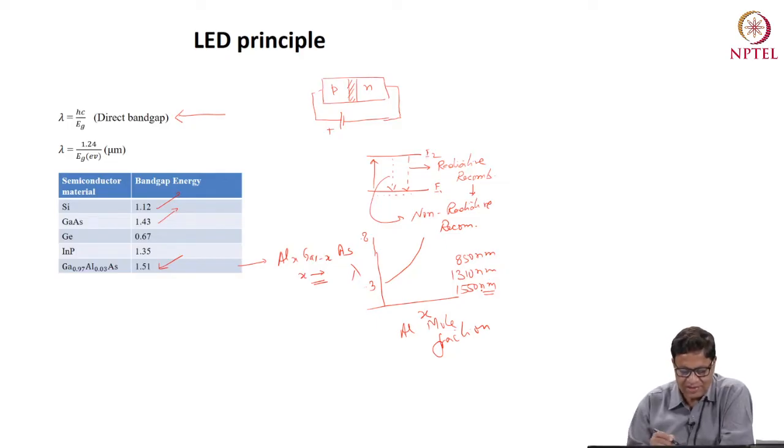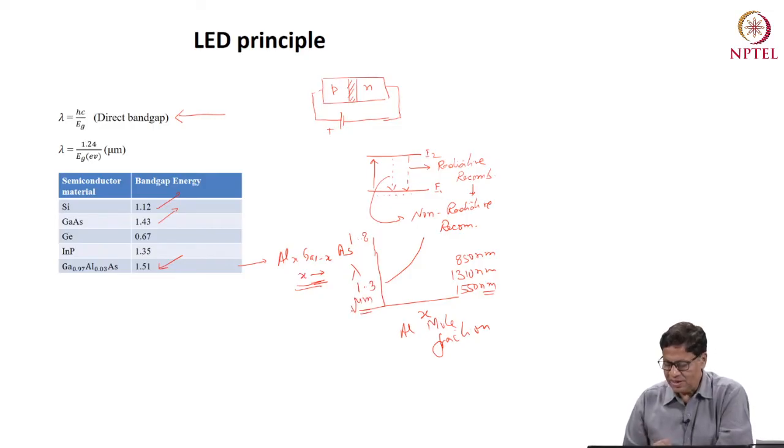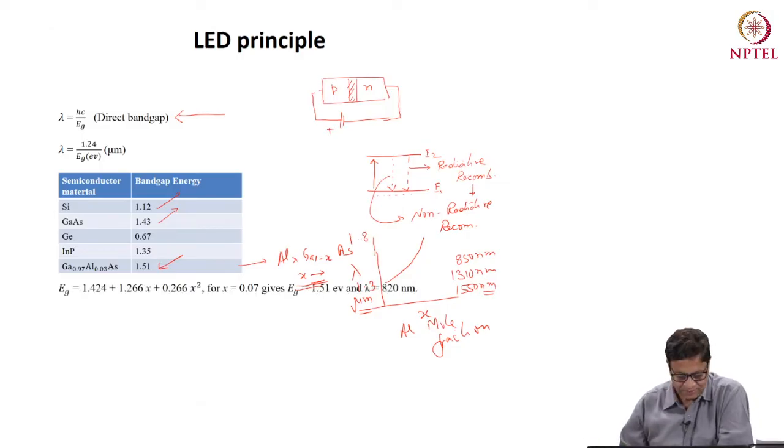So you can generate a wavelength of your choice by changing this value of x. Of course, this is 1.3 and 1.8 micrometers. So you can get a wavelength ranging from 1.3 to 1.8 by changing the value of x.